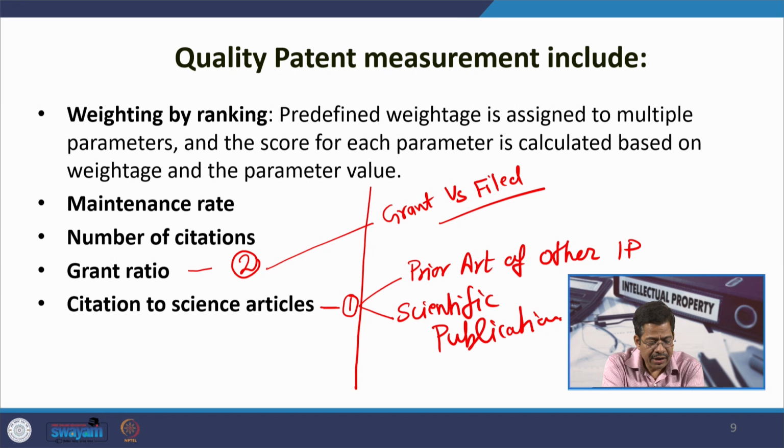So, it is not the exactly correct way, because if I am filing in this particular year of 2024, there will be an 18 months period after which it will be published, and maybe it will be granted after 2 years or 3 years.